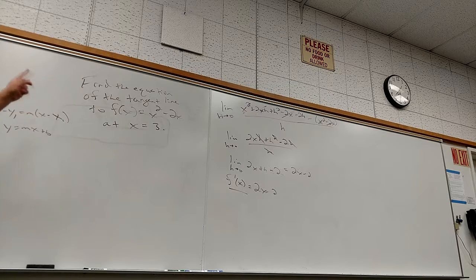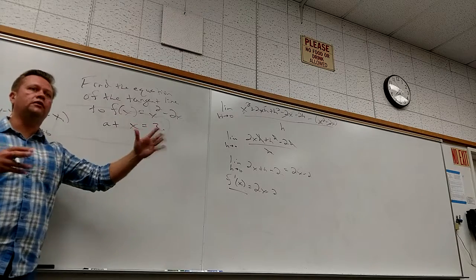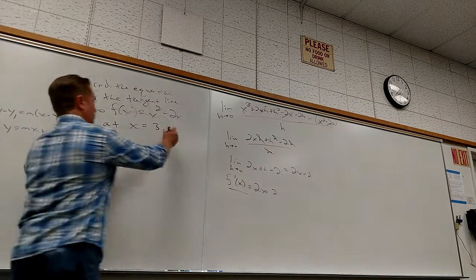So, in this case, how do I find the point? What's the point that I know my line goes through? What's the only thing I know about where I am on this function? X is 3. So what's the point there then? What's the point that my line is going to go through?